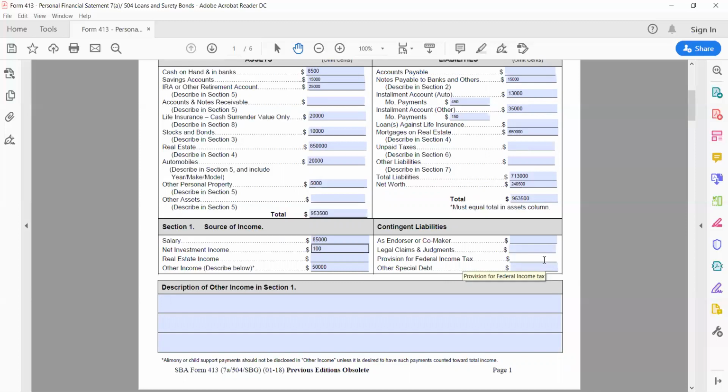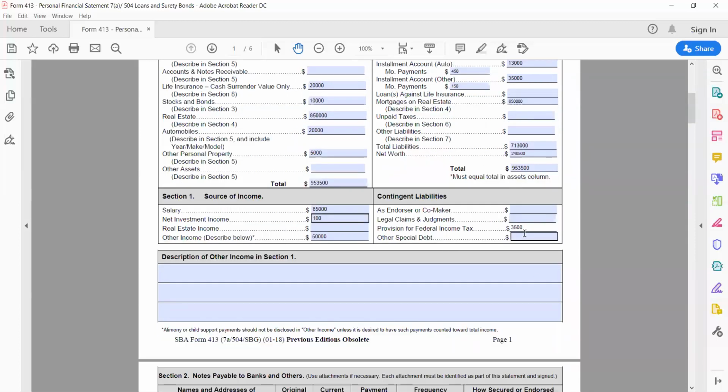So for 2020, I know I'm going to owe taxes, and so I'm going to start squirreling away some money. Maybe I'm going to put $3,500 in a holding account to pay taxes for next year. And other special debt really is any other debt that you could think of that may not fit in these other buckets.